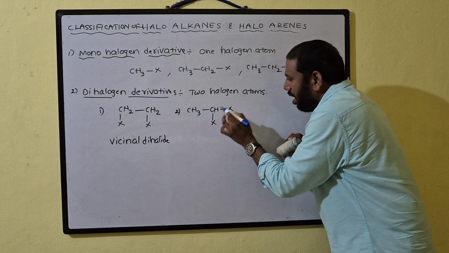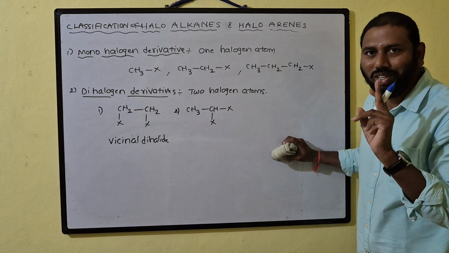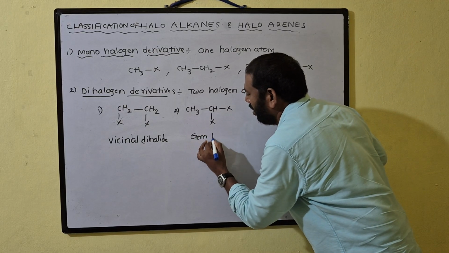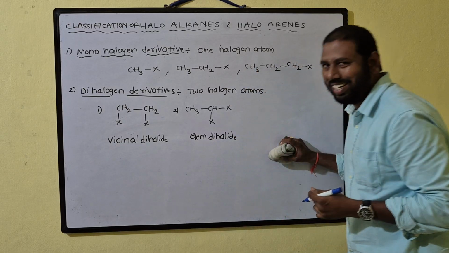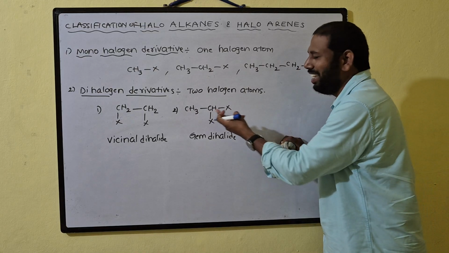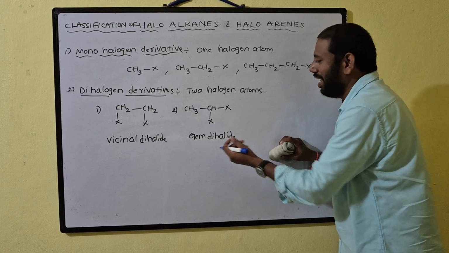If the two halogen atoms are on the same carbon, it also has a name, gem dihalide. It is a gem dihalide because it is carrying two halogen atoms on the same carbon.